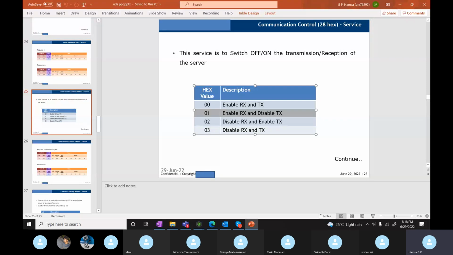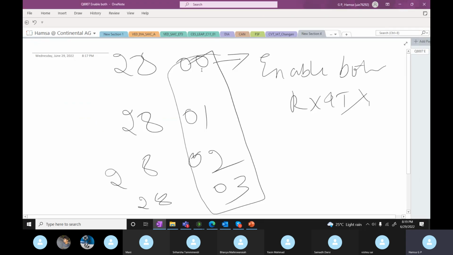If you want to enable only RX and disable TX, nothing but disabling the output from the ECU, you provide sub function 01. If it is 02, you will be disabling RX and enabling TX. And if it is 03, you are disabling both. This is the request which you will be sending to the ECU.